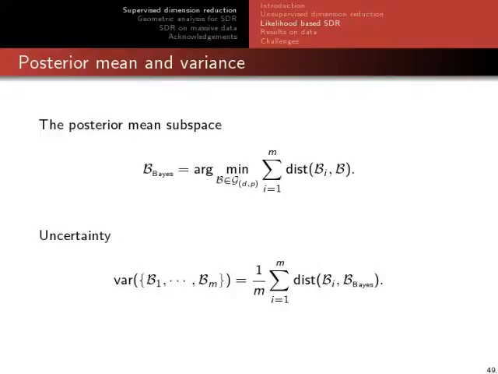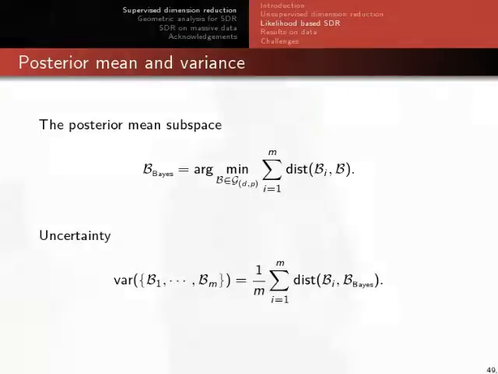So given my posterior estimates of B_1 up to B_n, I can find basically the barycenter of them. And that's my Bayes estimate. And I can also tell you the uncertainty. I can tell you this is the variation I have in my estimate for this type of model.